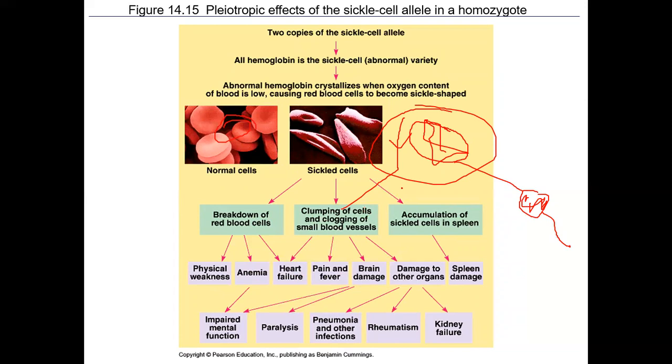Now, if mom also is heterozygous and her egg has a bad gene in it as well, and they meet, then the kid will have bad and bad, that'll be homozygous bad, and that kid will have sickle cell anemia. Again, that would be a 25% chance. Two heterozygous people, excuse me, that don't have any symptoms can have a baby that does, because they have that ability to make eggs and sperm which have the bad gene in it.